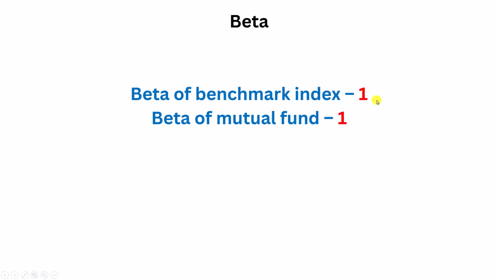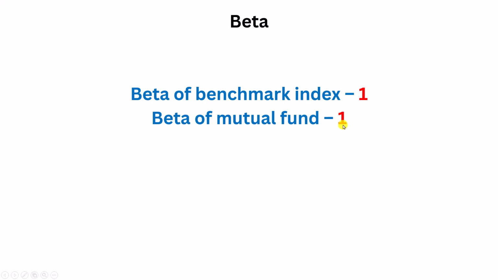It means that if the benchmark index moves up by 1%, then the value of our mutual fund will also move up by 1%. If the benchmark index falls by 1%, then our mutual fund also will fall by 1%. That is what it means by same beta.